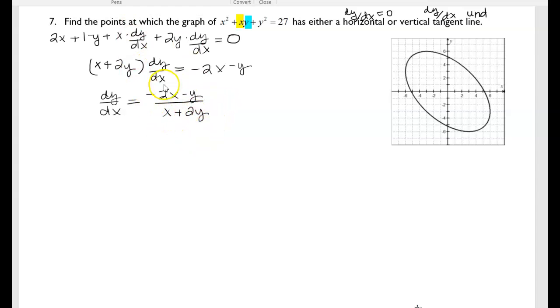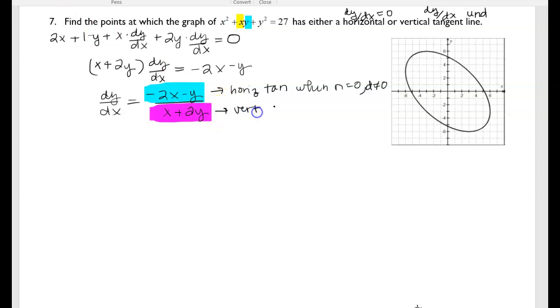So again, if I'm looking at the numerator, that's a horizontal tangent where I'm going to look for it when the numerator is 0 and the denominator is not 0. And a vertical tangent when your numerator is not 0, but your denominator is 0. So think about if you divide by 0, that would be undefined.